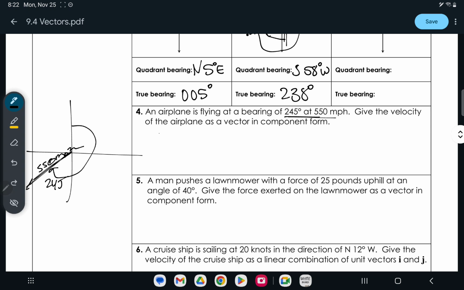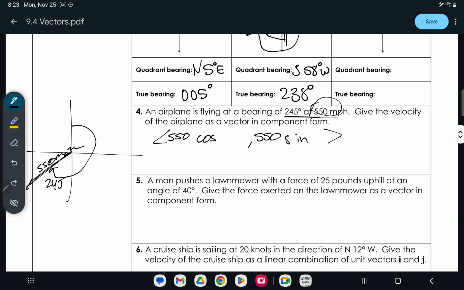So what we can do here, our x component is going to be cosine of an angle. The y component is going to be the sine of some angle. The 550 miles per hour is going to be like our R value, if you want to think of it as R cosine theta, R sine theta.